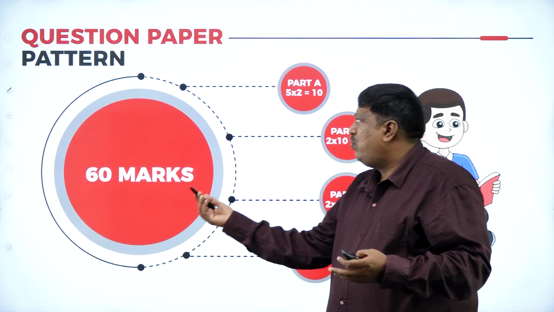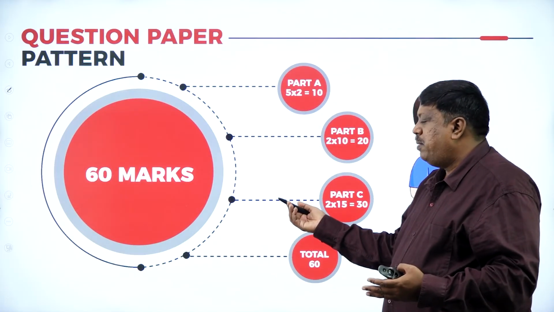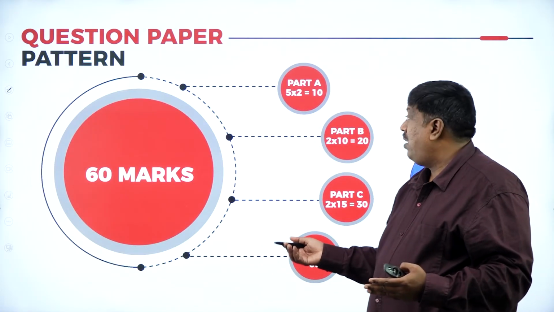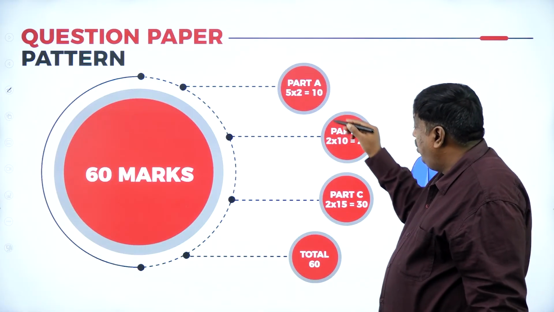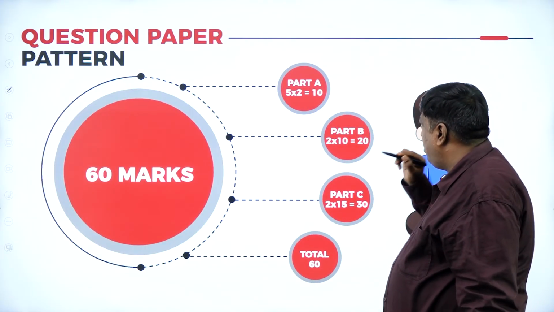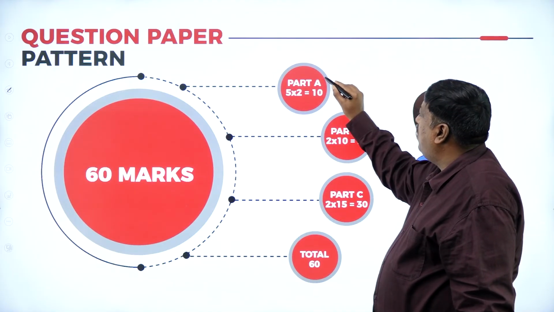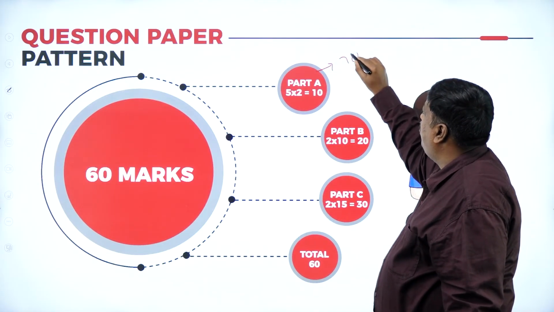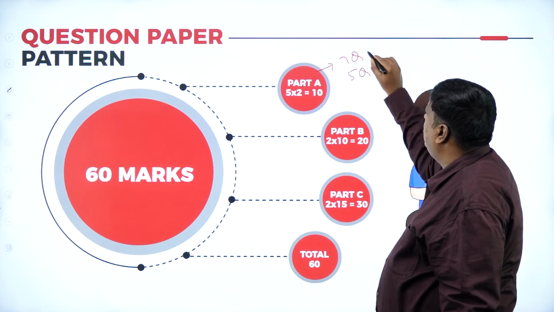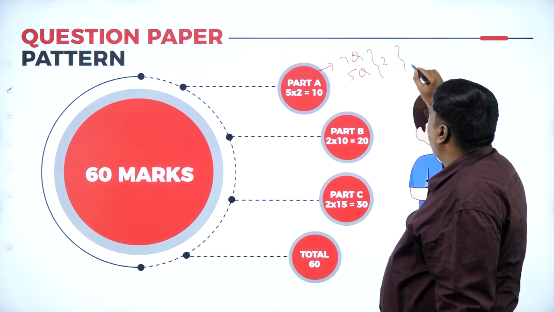The exam pattern we have here is a 60 marks paper, and it is divided into 3 parts, part A, part B, and part C. In part A, 2 marks questions will be asked. 7 questions will be there, of which I have to write 5 questions, 2 marks each, so it will be 10 marks.